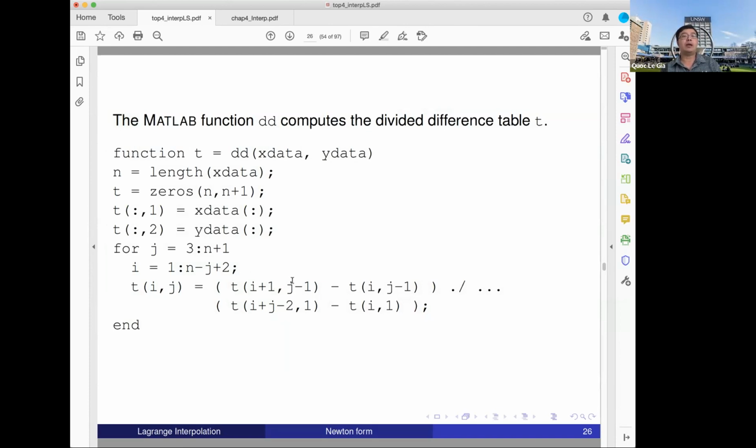So then what position in this array T do I use so that I can get my coefficients? Well, maybe the best way to do it is to try an example. So let me go to MATLAB and we try this example.